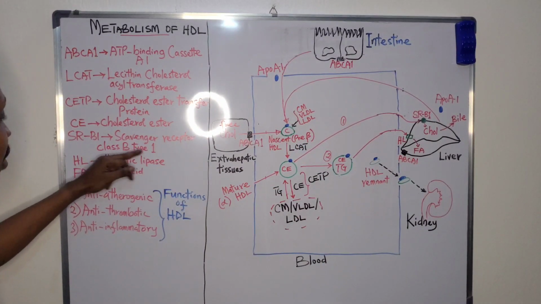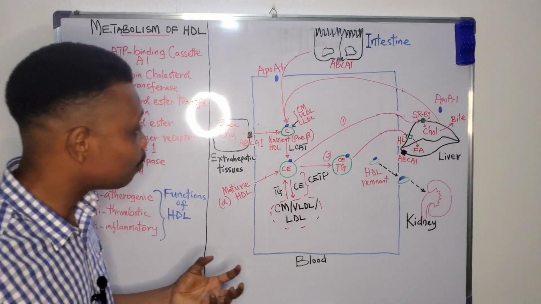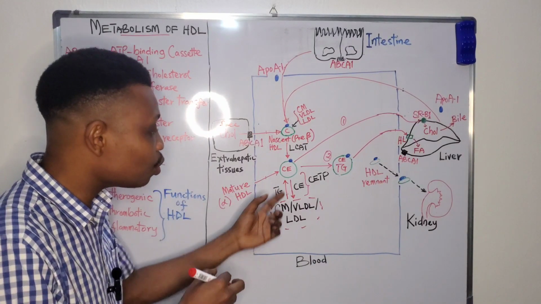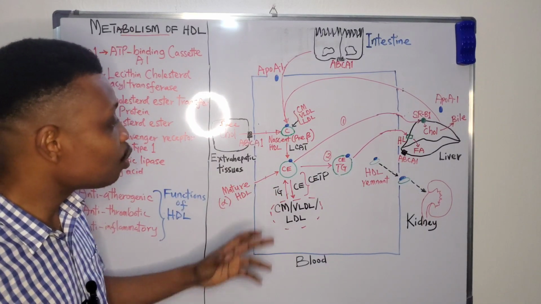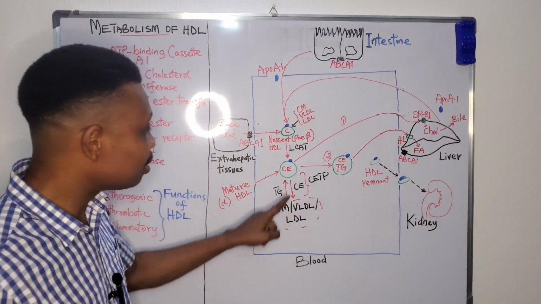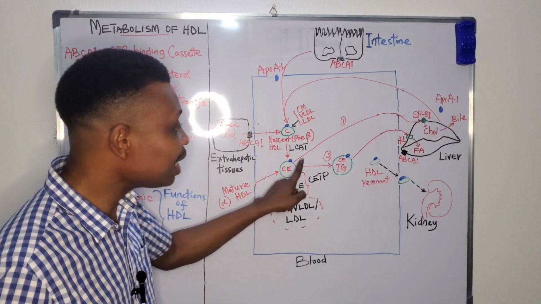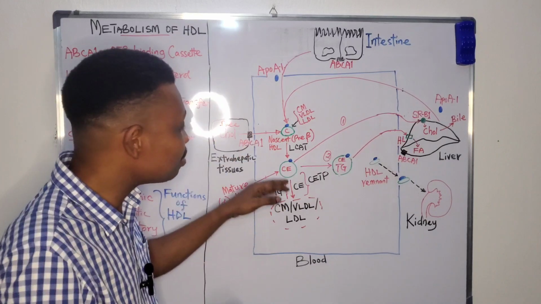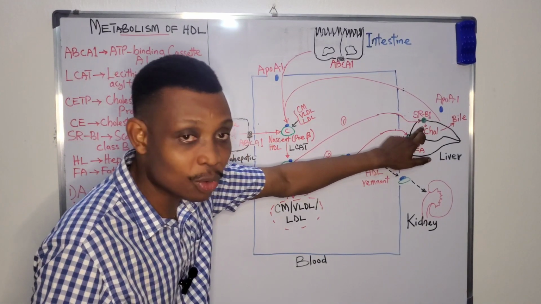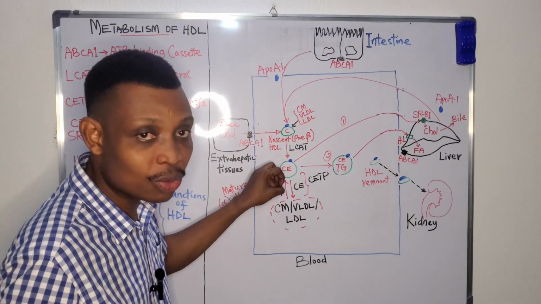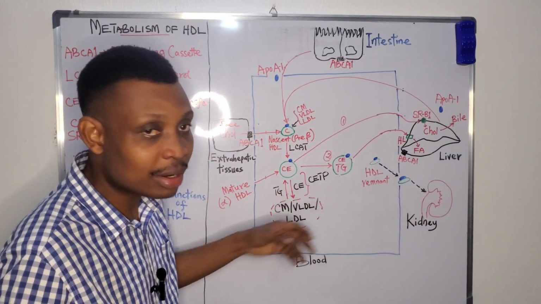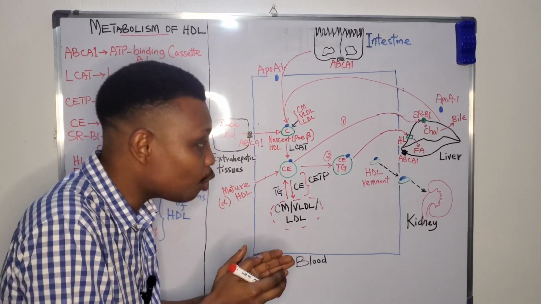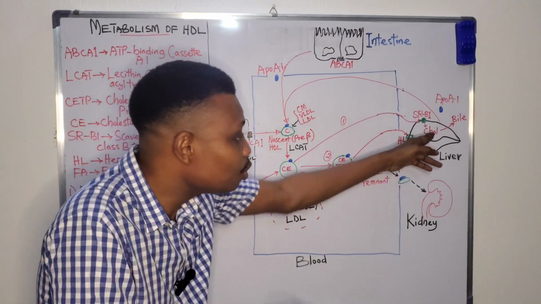This receptor has the ability to recognize and bind to the mature HDL. Once this mature HDL binds to this receptor, the HDL particle itself does not go into the liver. Rather, the cholesterol esters contained in its hydrophobic core will be released into the liver.